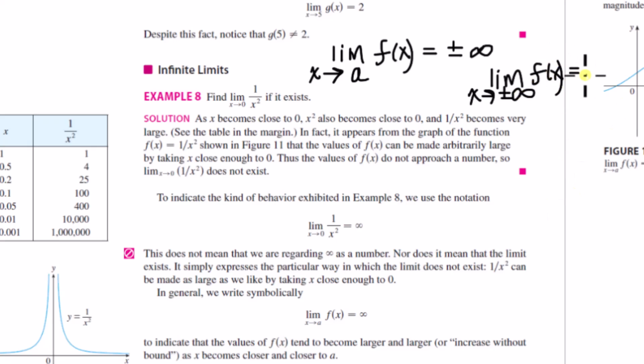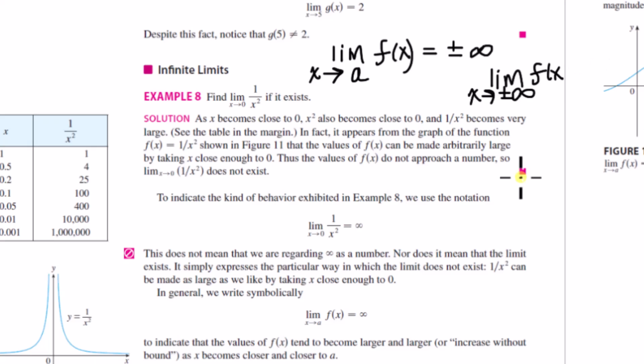And this could be equal to a unique value, L. Or you could potentially have a limit at infinity that's also an infinite limit, in that this is equal to plus or minus infinity. Okay? But we'll talk about limits at infinity later.